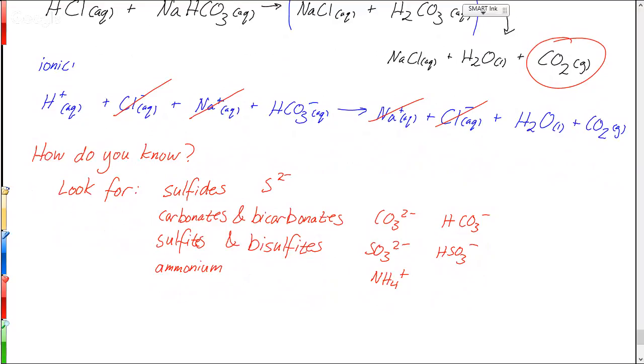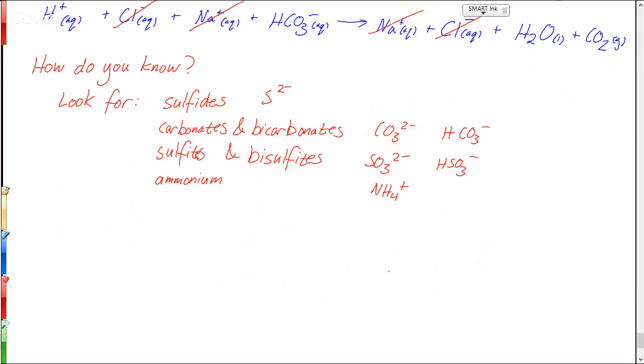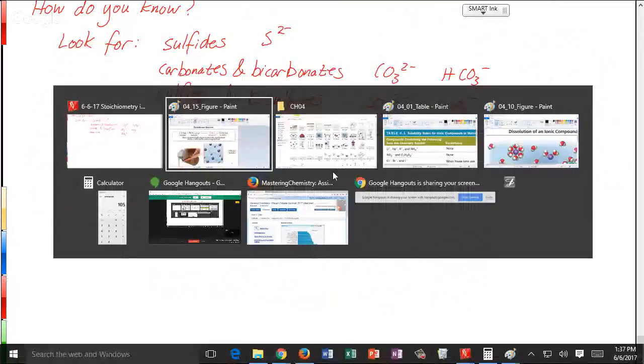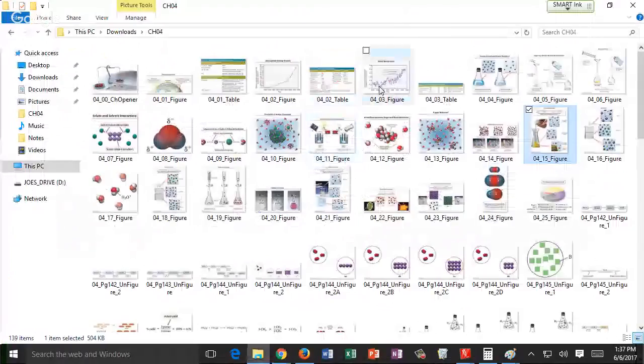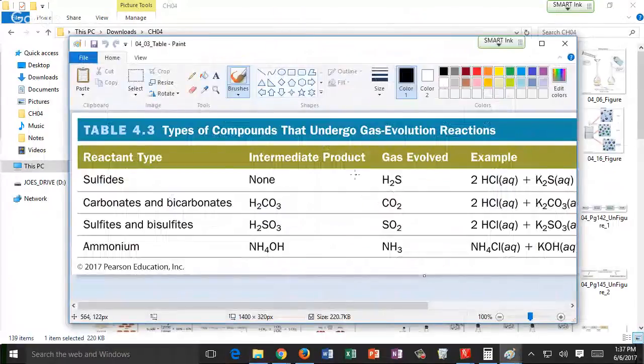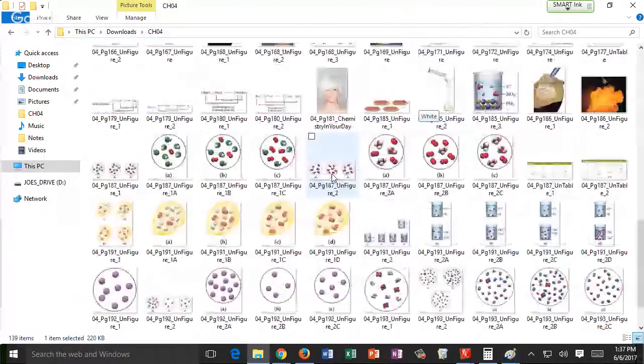So what you want to look for in each of these is the types of products that we know are somewhat unstable and end up evolving gas. And there's a neat table in your book that summarizes all of that very nicely. It kind of shows you what to look for.